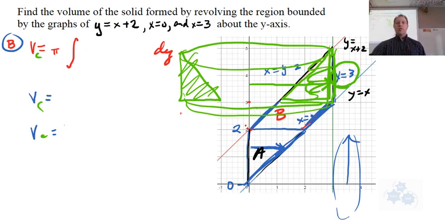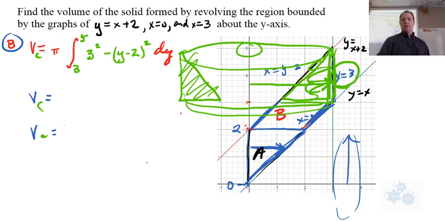That's going to be between 3 and what? 5. Yeah. We've got to go from 3 to 5. And so our far right boundary is going to be 3 squared minus the inner boundary, y minus 2, all squared. Okay, so that's washer method again for C. And we'll plug that into our calculator here.